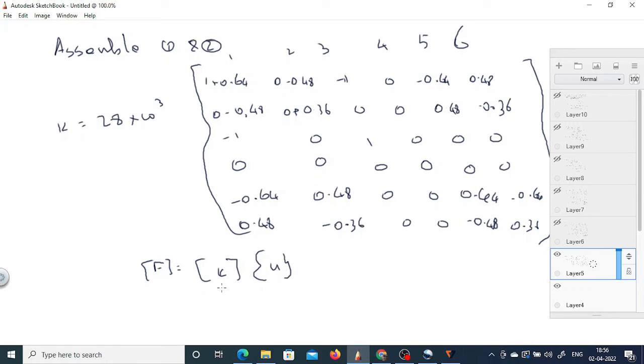Now we found the K value with this step, so we can substitute it into the finite element equation. What happens? I add 1 plus 0.64, so that is 1.64. Likewise 0 minus 0.48, I can rewrite as minus 0.48. Likewise I can rewrite and get the next step with the finite element equation. So let's see.